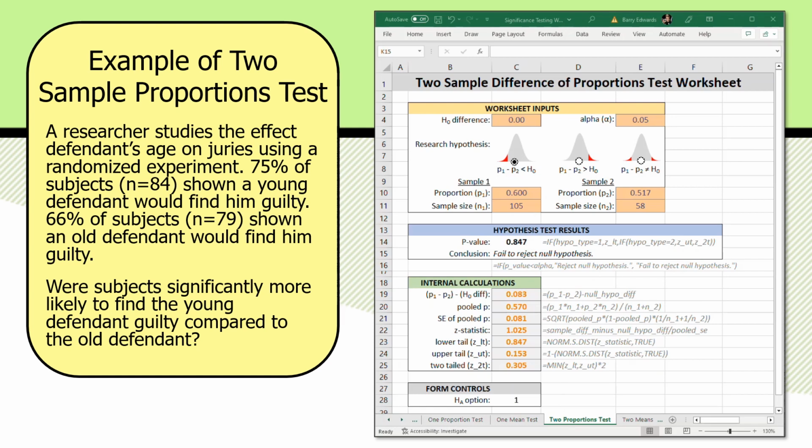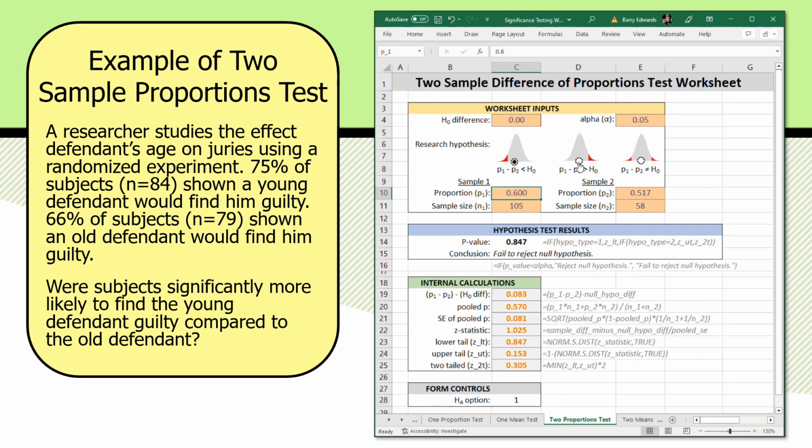So we're comparing the proportion guilty in the young group to the proportion guilty shown the old defendant. So the first sample would be those shown the younger defendant, the second sample shown the older defendant. So the research hypothesis, or what we're testing, is whether P1 is greater than P2. So if P1 is greater than P2, it would be a positive value.